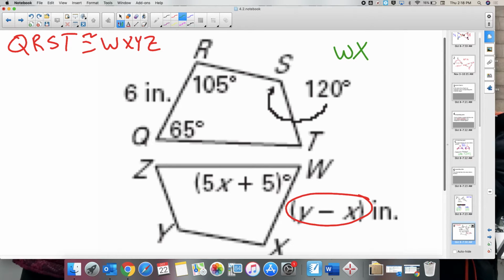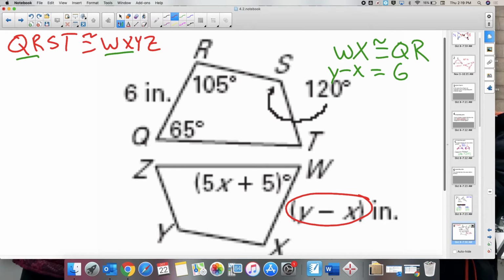According to my statement, WX goes first to second. It will have to be congruent to QR. So WX, that's y minus x, will have to be equal to QR with 6. Unfortunately, I can't solve that equation right now because there are 2 variables in it. So we'll go look at our other x value.